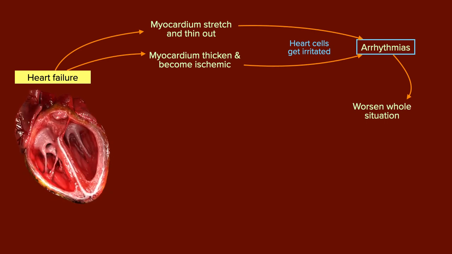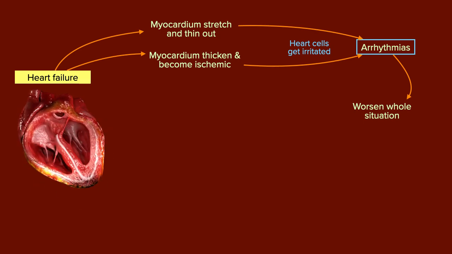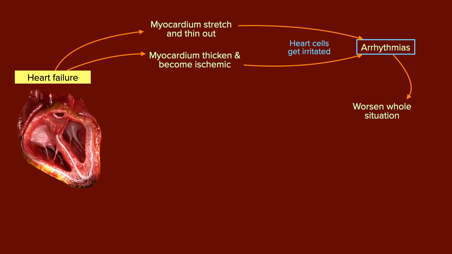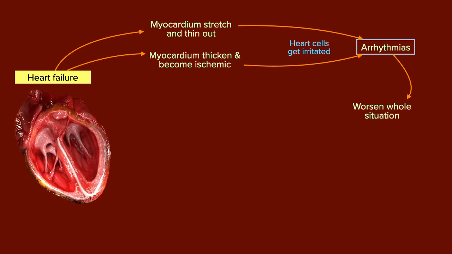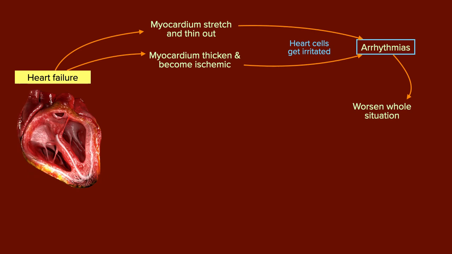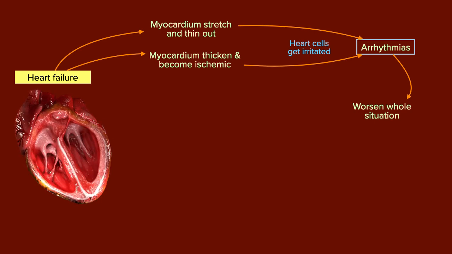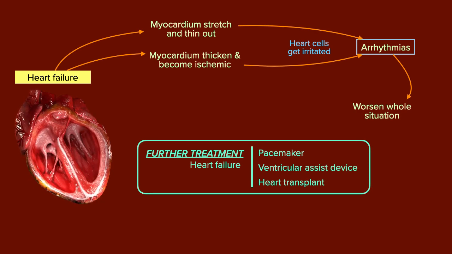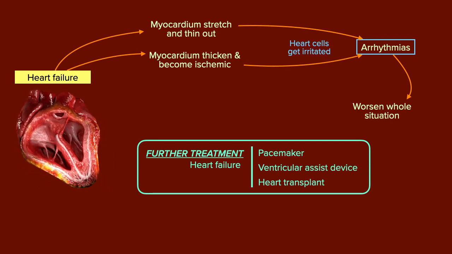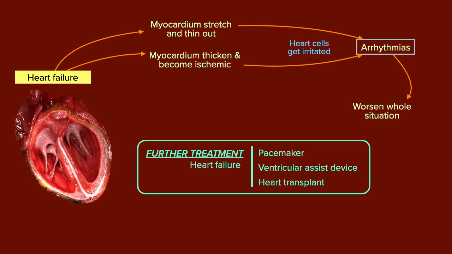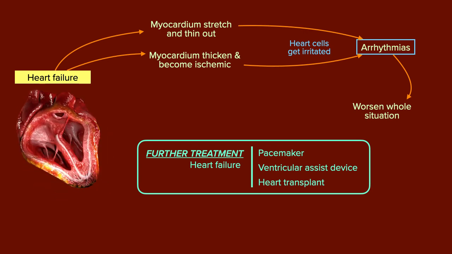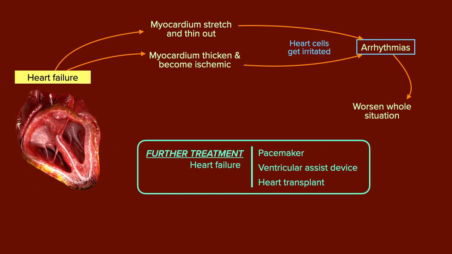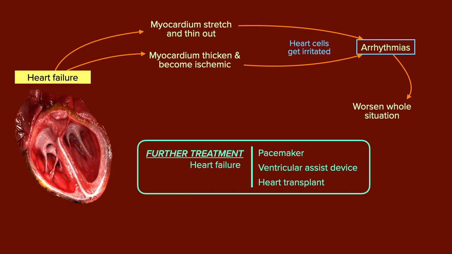With an arrhythmia, the ventricles don't contract in synchrony anymore, and this makes them less able to pump out blood, worsening the whole situation. In some cases, patients might be treated with cardiac resynchronization therapy with pacemakers, which can stimulate the ventricles to contract at the same time and potentially improve the blood pump out.